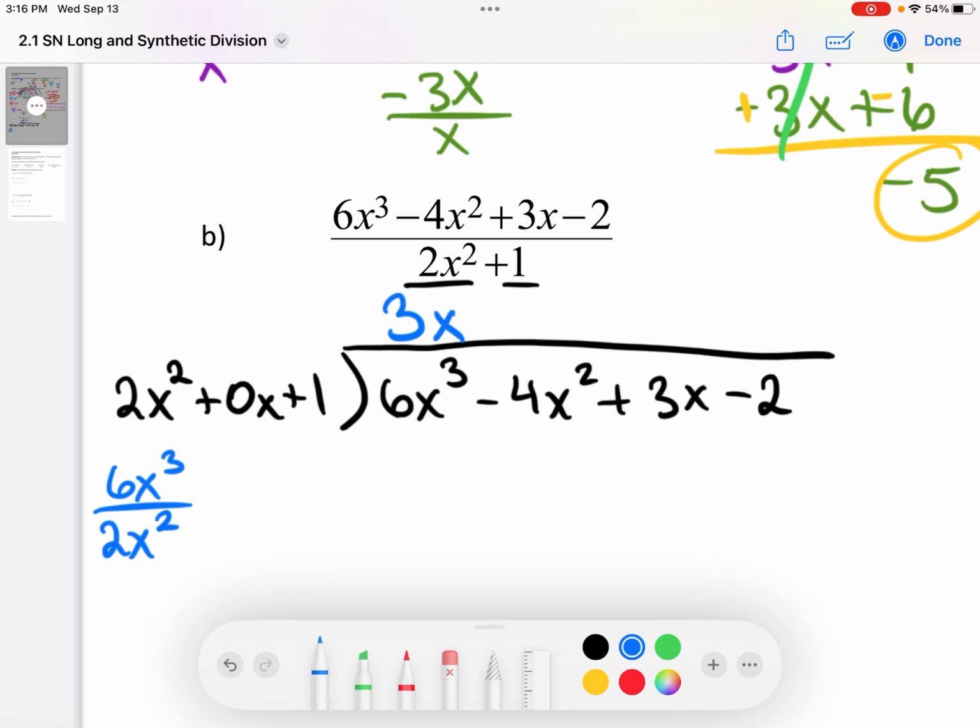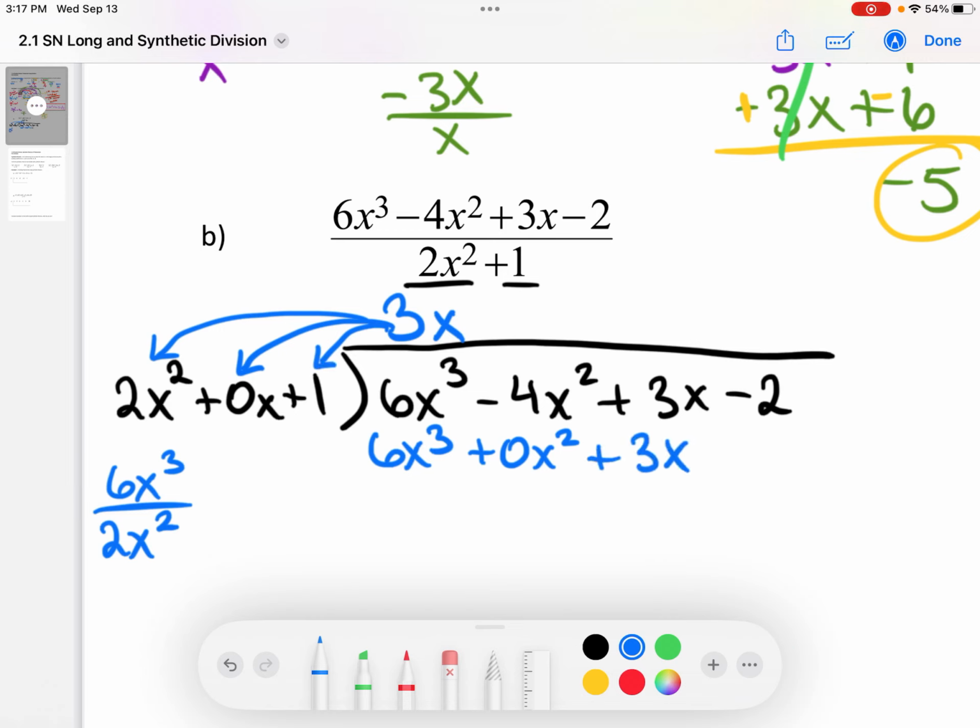And then we take that 3x and we distribute it. 3x times 2x squared is 6x to the third. 3x times 0x is 0x squared, or just 0. Then 3x times 1 is plus 3x.